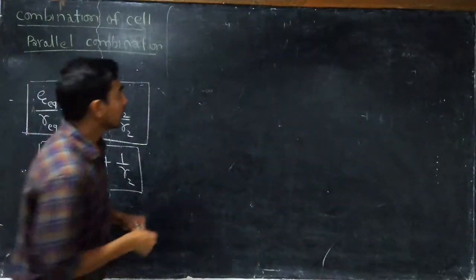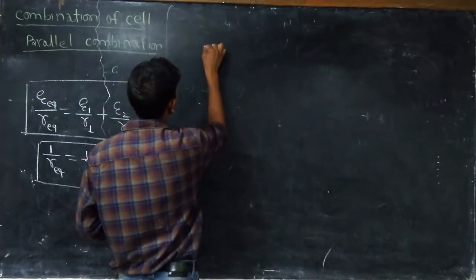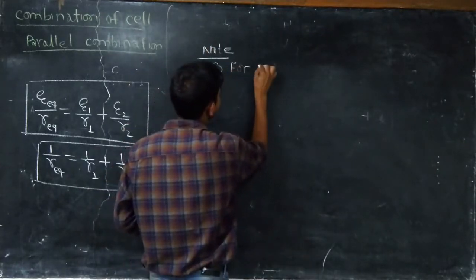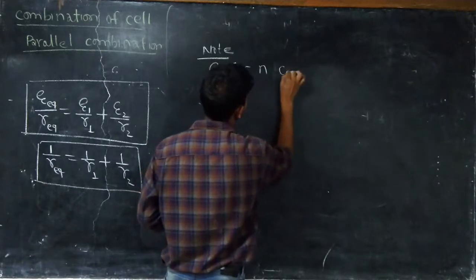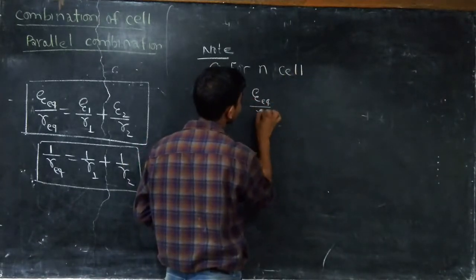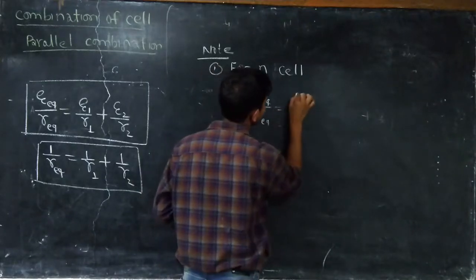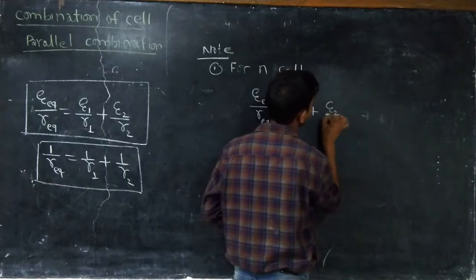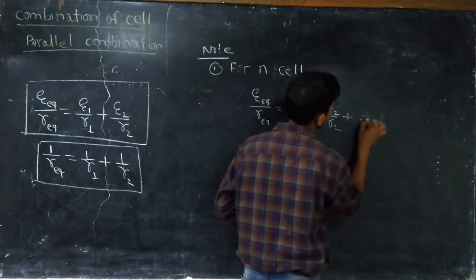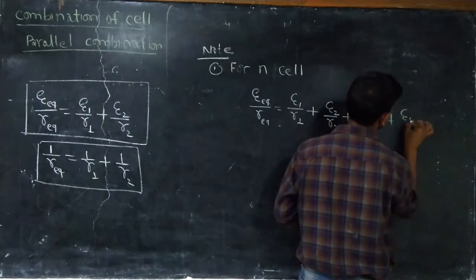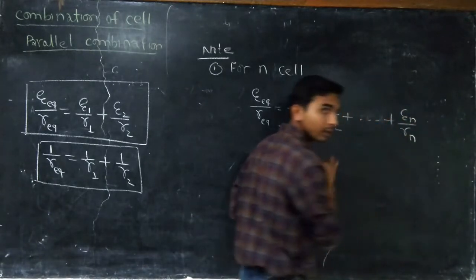Note first one for n cells: E equivalent by R equivalent is equal to E1 by R1 plus E2 by R2 plus En by Rn, right?